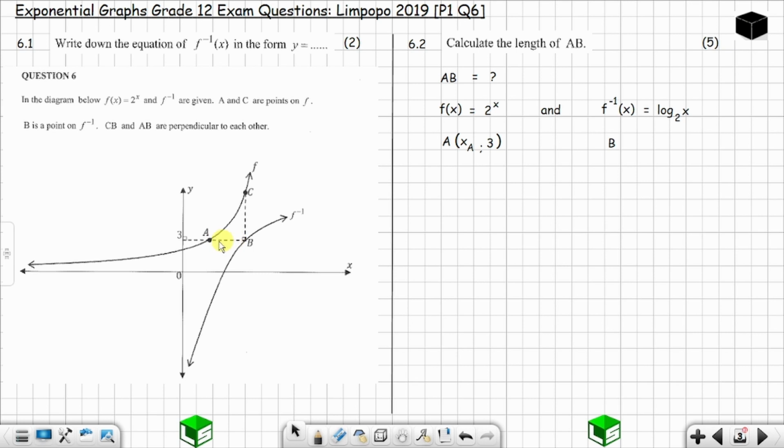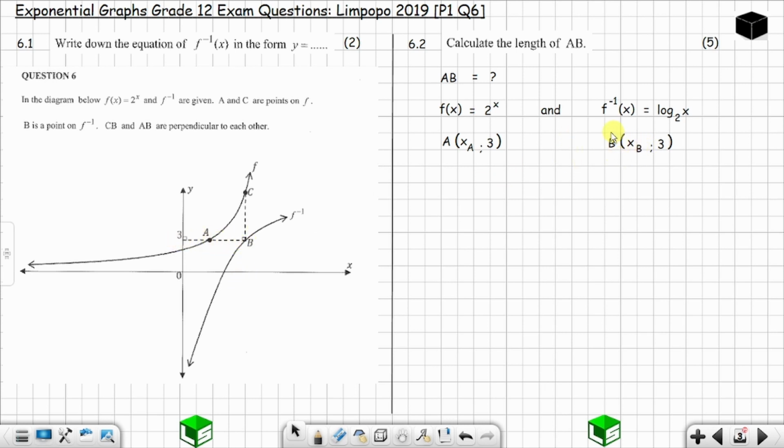A and B have the same y coordinate because they are on the same horizontal line. So it's 3. We can write the coordinates as x sub B and 3.